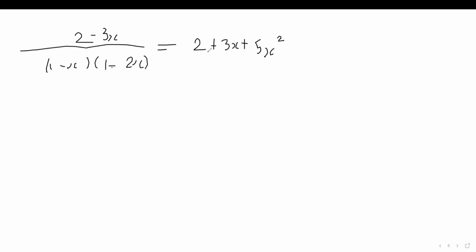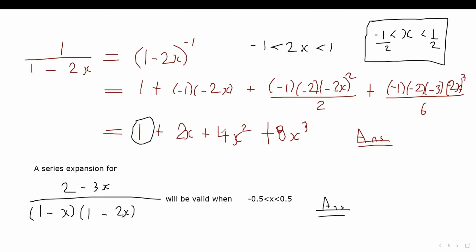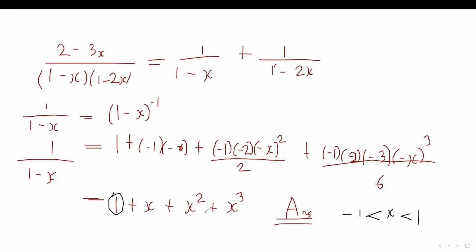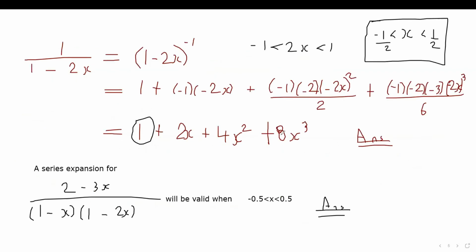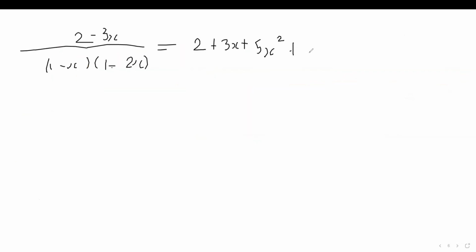Now observing the pattern: add 1 to it, add 2 to it. Let's see what happens now. It looks like add 4 to it. The x cubed now, plus the x cubed, that's 9x cubed. I already see the pattern, right?